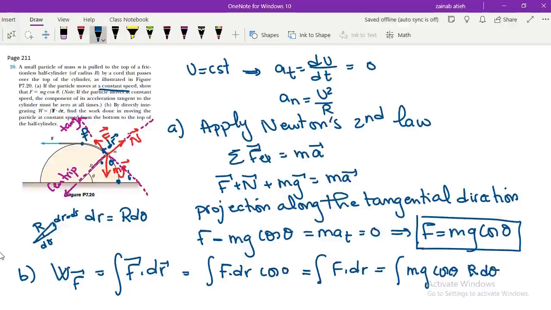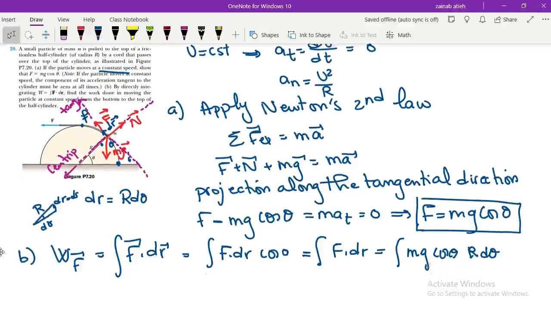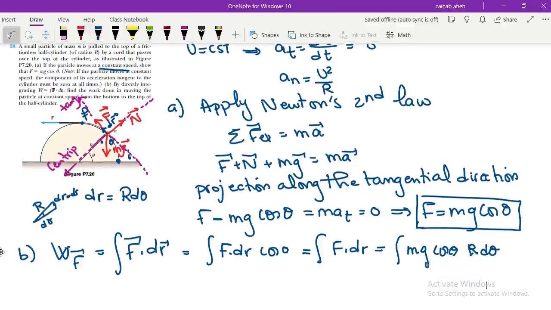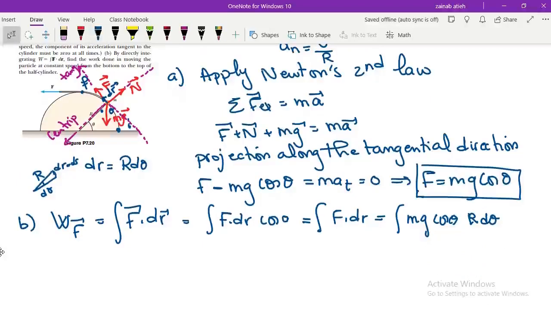If you look, we have m constant, g constant, r is constant, so the only variable is theta, and this theta varies from 0 till 90, or till pi over 2. Why? Because I moved from the bottom till the top. So in this case from 0 till pi over 2.